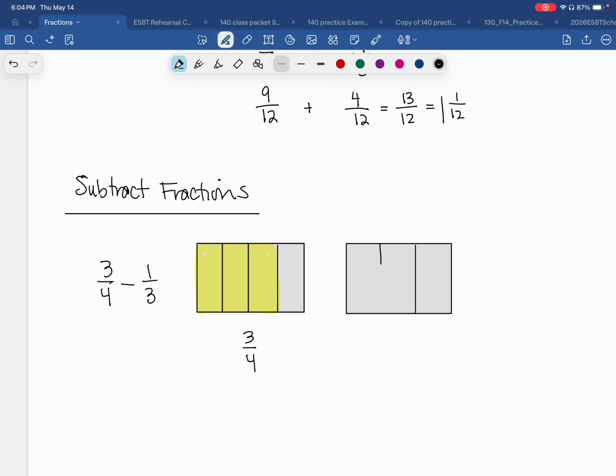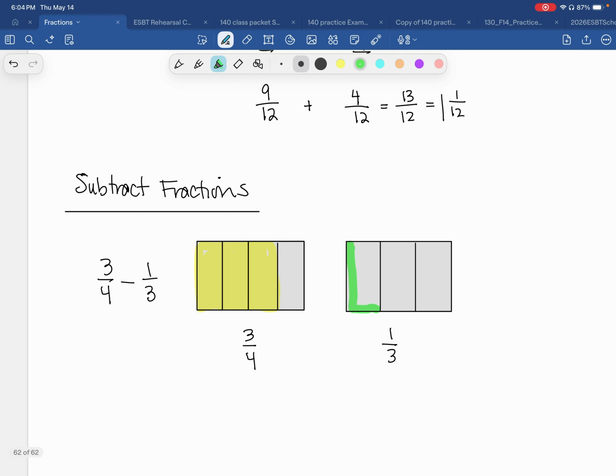So let's see. Now we're going to make this into 1/3. So I'm cutting into 3 pieces and I'm going to shade this first box. And that way I've shaded 1/3 of my whole. And now I'm trying to compare. I'm trying to say how much more does 3/4 have than 1/3? And I can't do that because they're not the same size pieces.